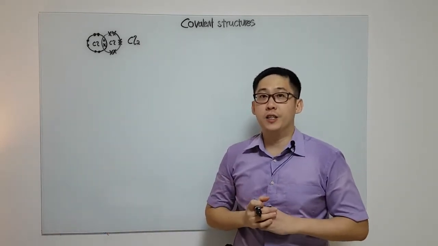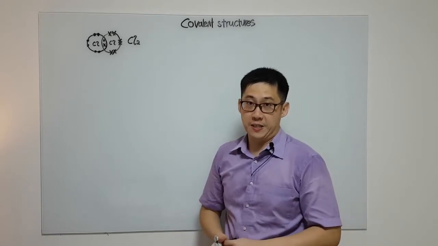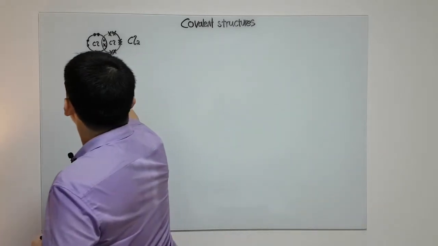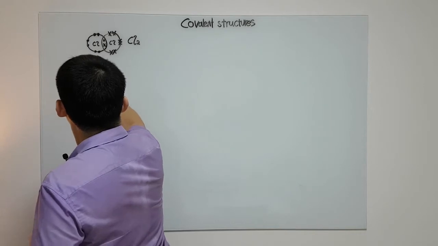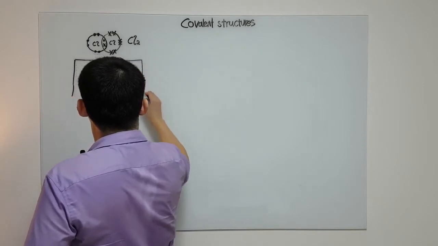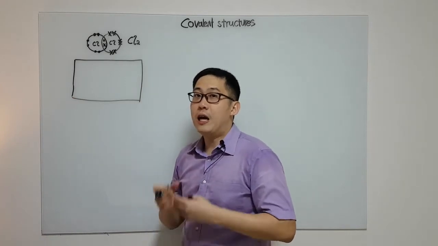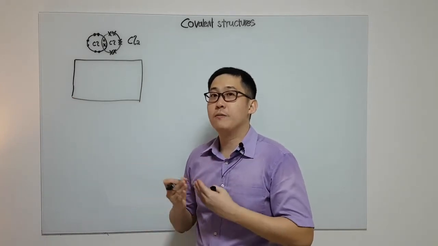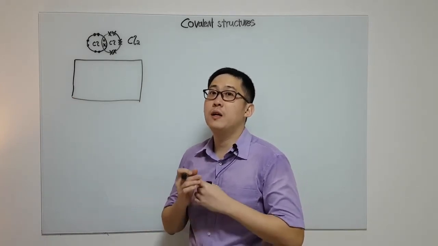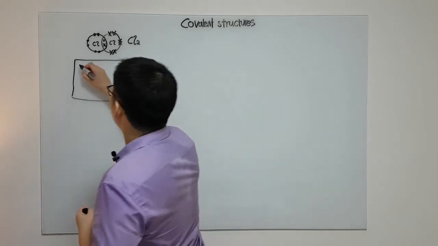Consider a container full of your chlorine gas. This is the container. In the container, there are diatomic molecules of chlorine. So they look something like this.